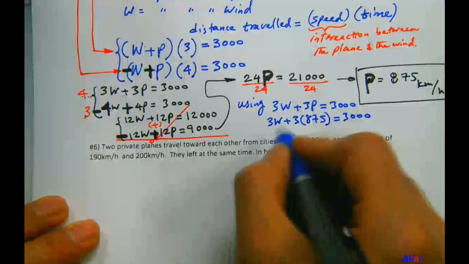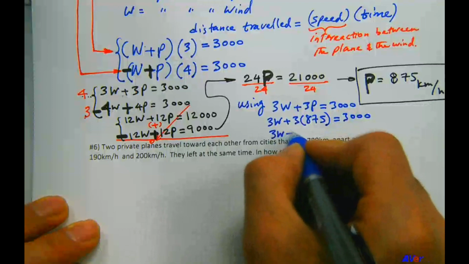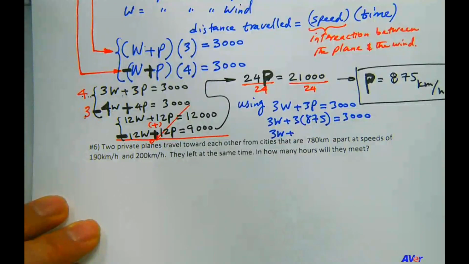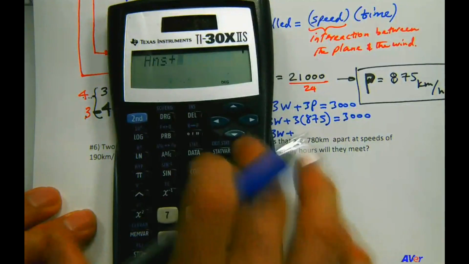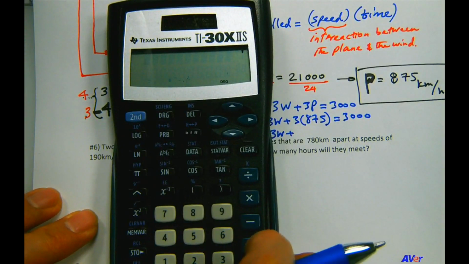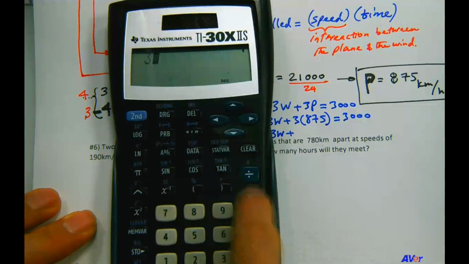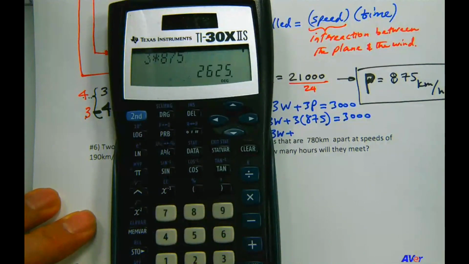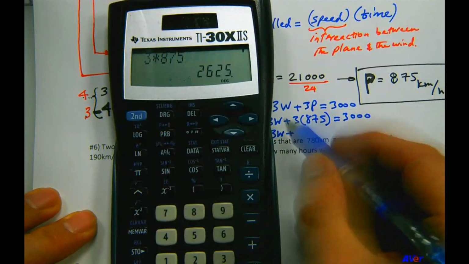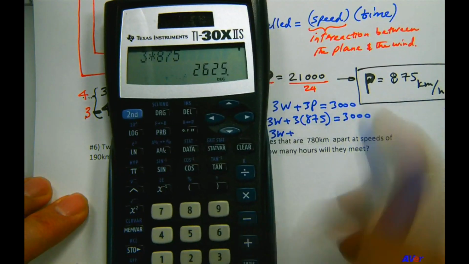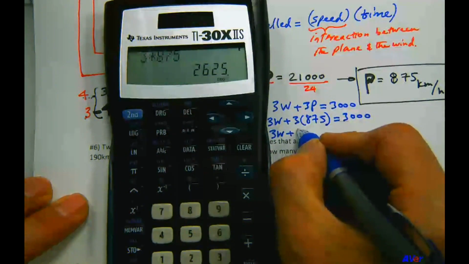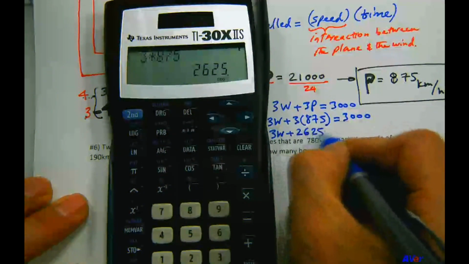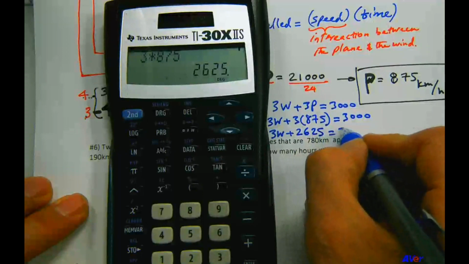And then we have 3W plus 3 times 875. 3 times 875, we get 2,625 equals 3,000.